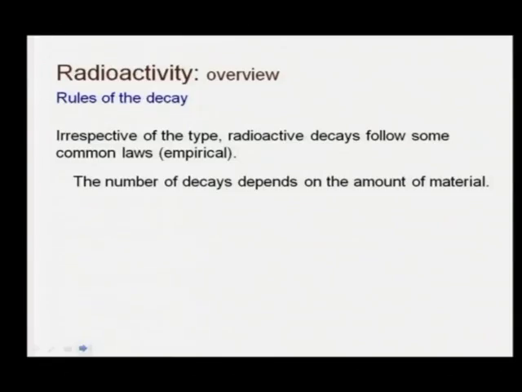One thing that we know from experiments is that the number of decays depends on the amount of material that is present. What does that mean?